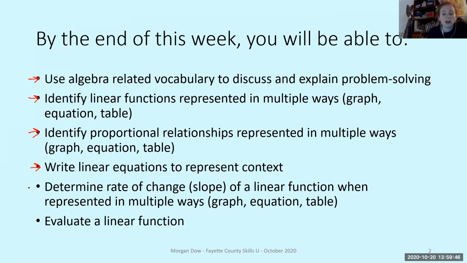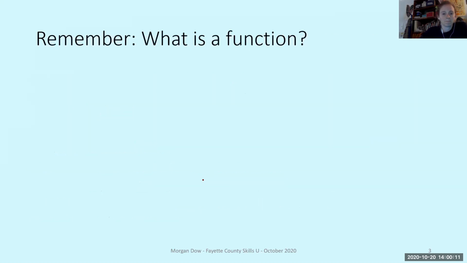We're going to determine the slope of a linear function when represented in multiple ways. And we're going to get a little bit of practice with evaluating a linear function. So things to focus on here this week are identifying linear functions, identifying proportional relationships, and determining slope. Those are kind of our three main things to focus on this week.